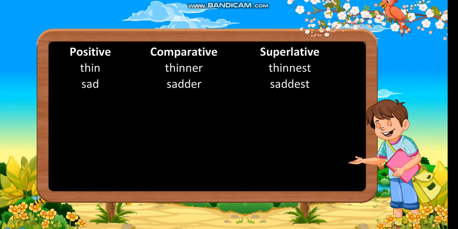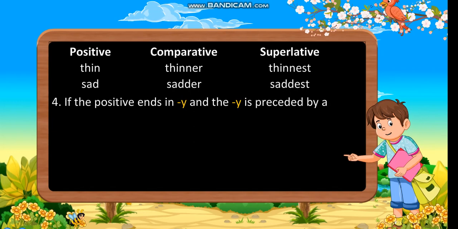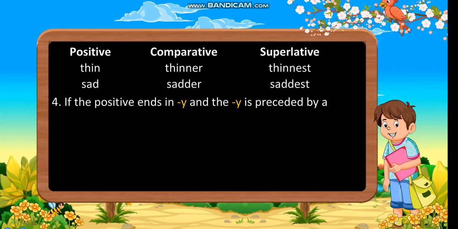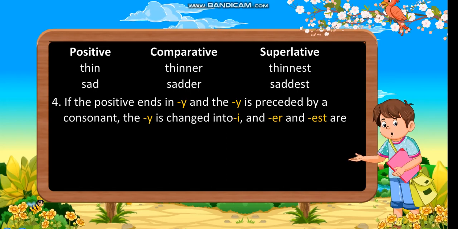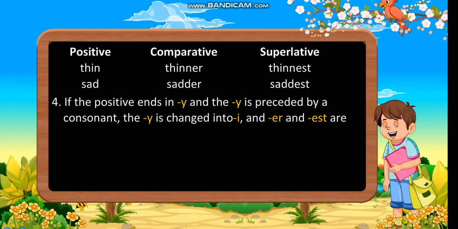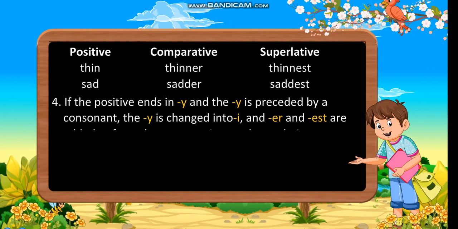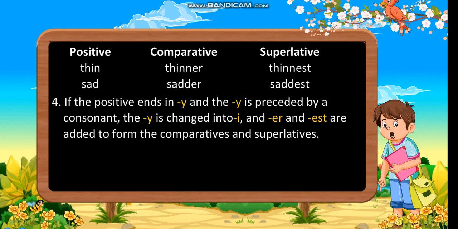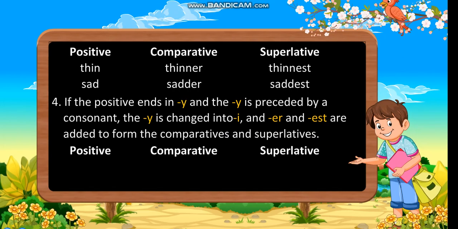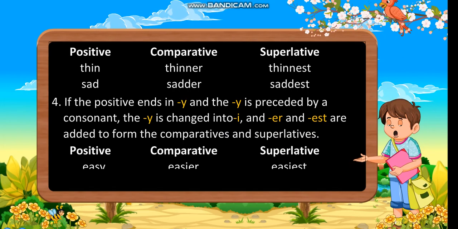Sad, sadder, saddest. Fourth, if the positive ends in y and the y is preceded by a consonant, the y is changed into i and er and est are added to form the comparatives and superlatives. Positive, comparative, superlative.